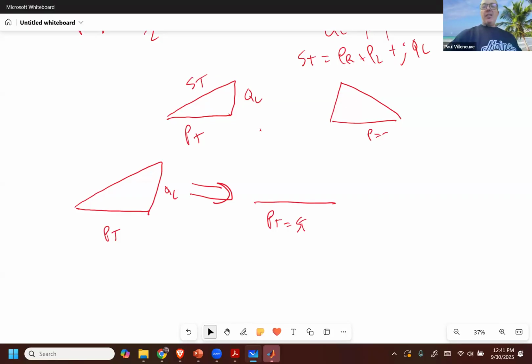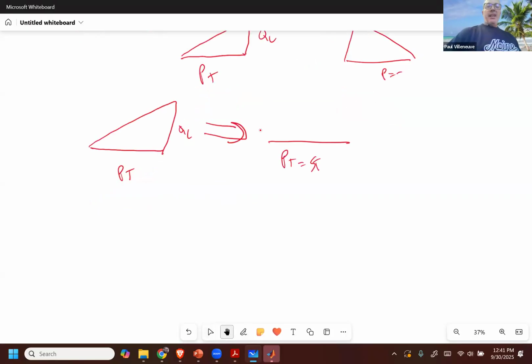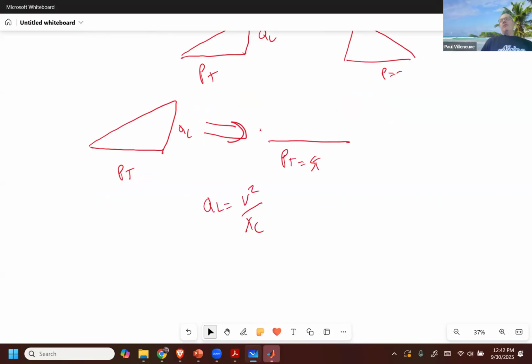So my capacitor, I'm going to find by using QL equals V squared over X sub C, right? So you should be able to solve for X sub C. And X sub C is equal to 1 over 2 pi f C. Should be able to solve for C.